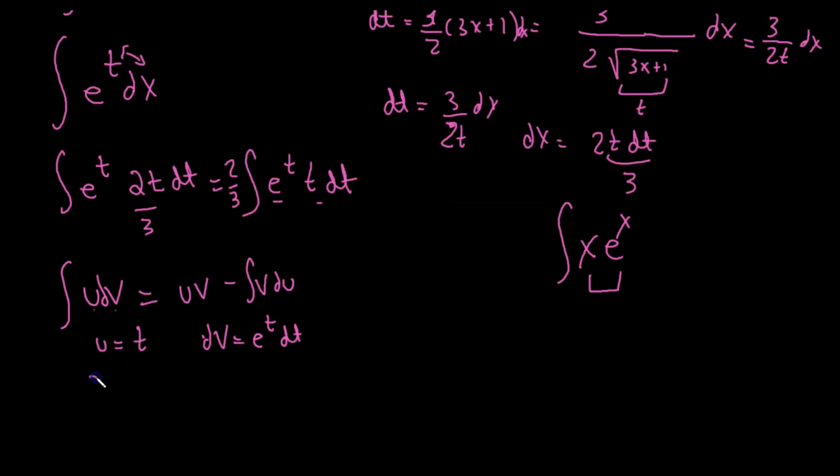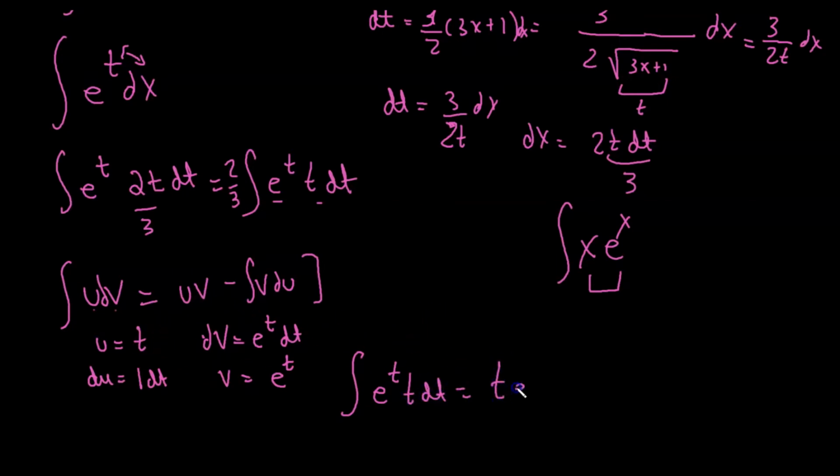So now you take the derivative of the first side, so that's 1 dt, and then you take the integral of this side. The integral of e to the power of t dt is just e to the power of t, and you apply this rule here. So the integral of e^t t dt is equal to all this.